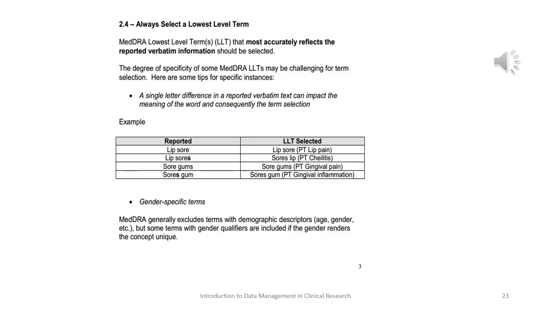In the next column over, sores on the lip, the preferred term is cheilitis. So we can see where some of these terms are going to change depending on how the verbatim is reported by the site. What we want to do is get to the lowest level term and then associate that with whatever the preferred term is in our dictionary.